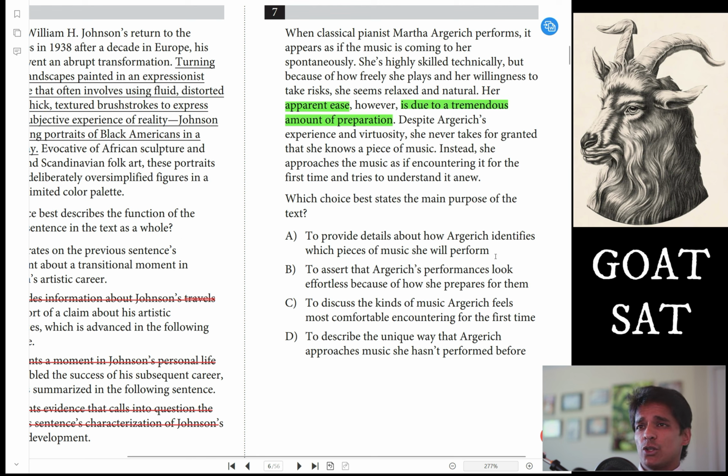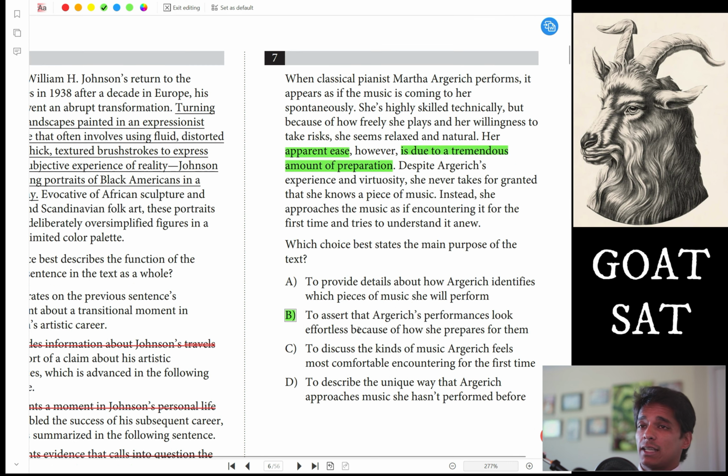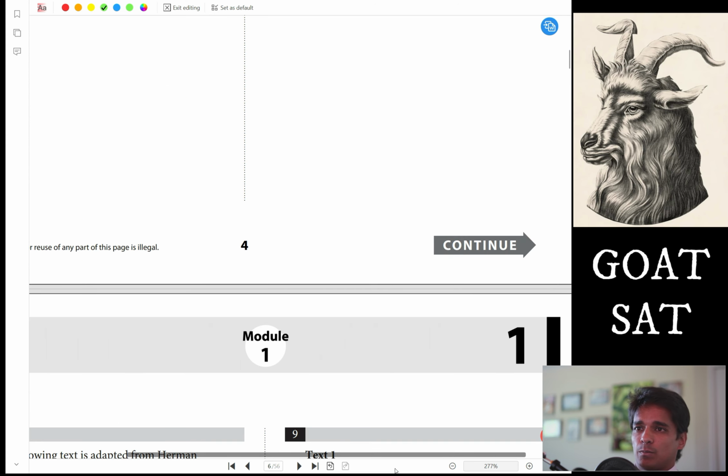It's to assert that the artist's performances look easy, apparent ease, because of how she prepares, due to a tremendous amount of preparation. Pretty reasonable to get that answer right, but you do have to keep track of the details. They're trying to trick you with a lot of words and jargon. So try to make it almost a skeleton where you're viewing it very simply, looking for details and trying to answer the very specific question being asked.